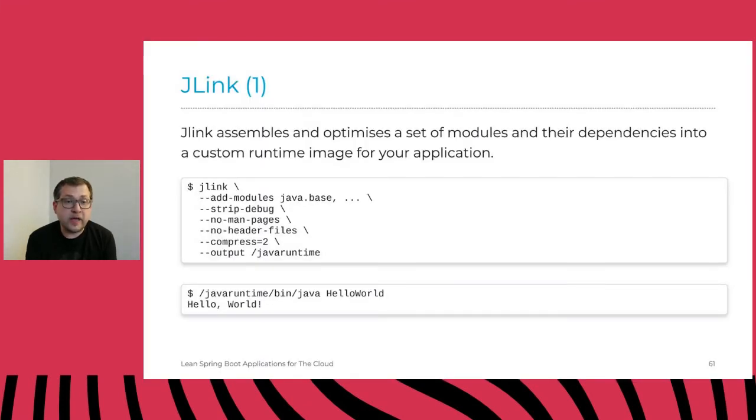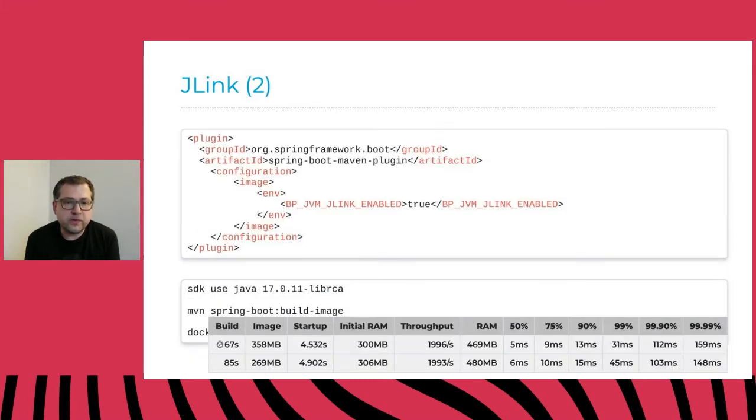There is another thing you probably don't know. It's called JLink, where you create a custom runtime for your application, which is quite nice. You would see here some examples of how to do it on the command line, because JLink is a JDK tool. But there is also a possibility to use it inside the Spring Boot Maven plugin for the buildpacks. So you can tell the buildpack to create a customized JDK.